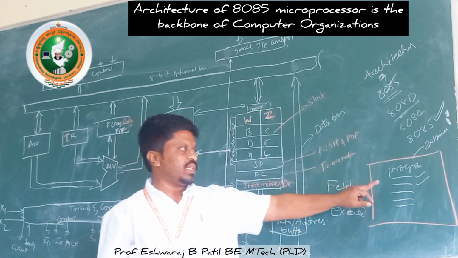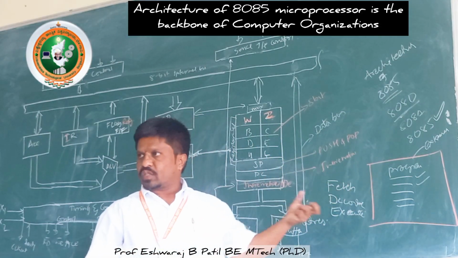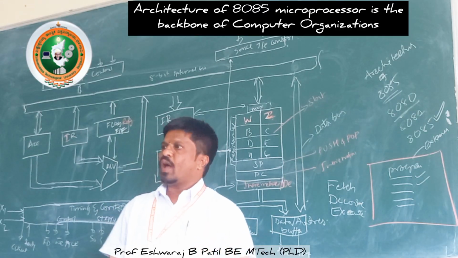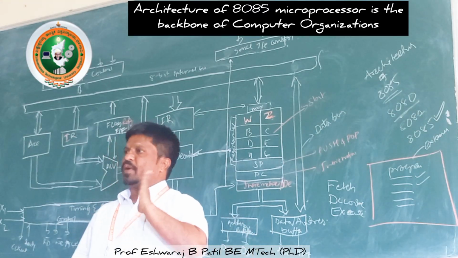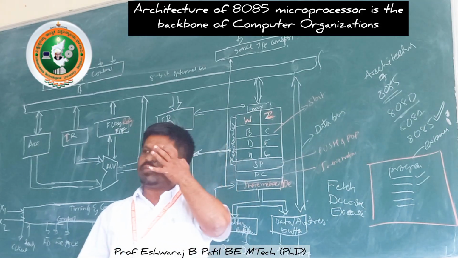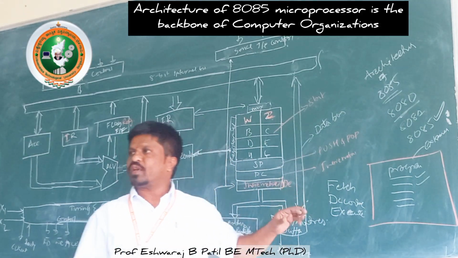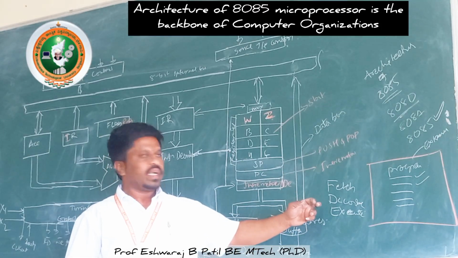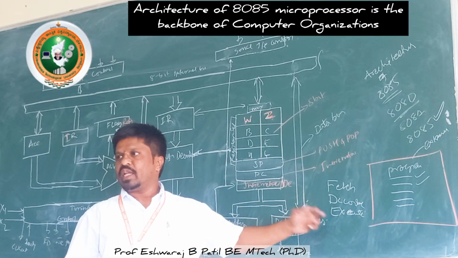If one instruction is there, first it has to fetch the instruction, then decode, and next execute that particular instruction. Similarly, for the complete program, each and every instruction has to go through these three operations: fetch, decode, execute.